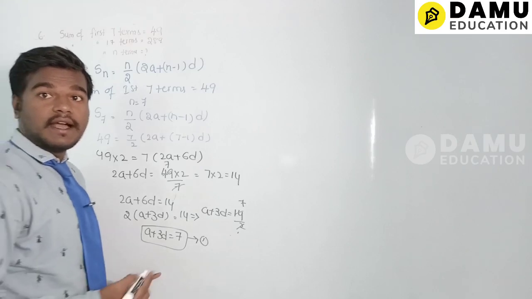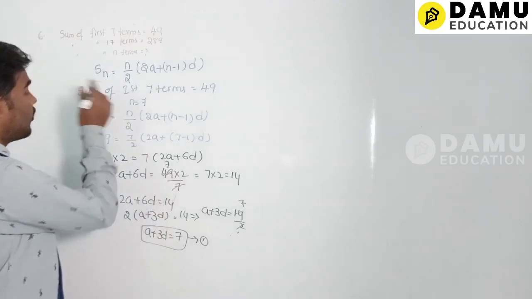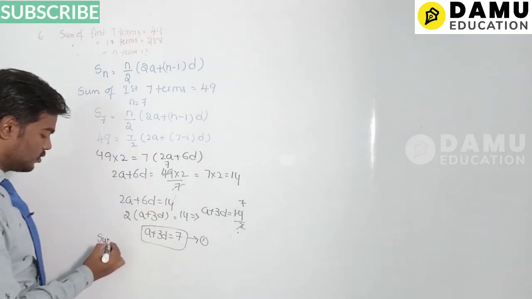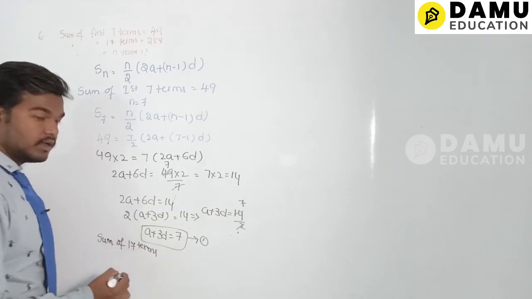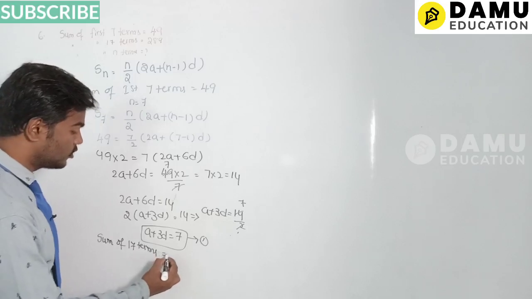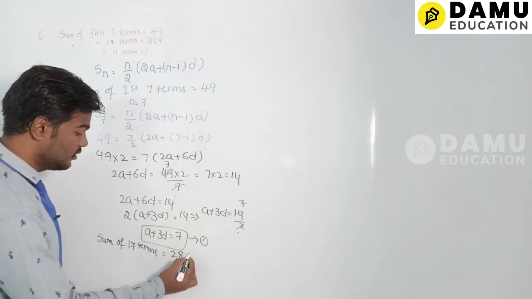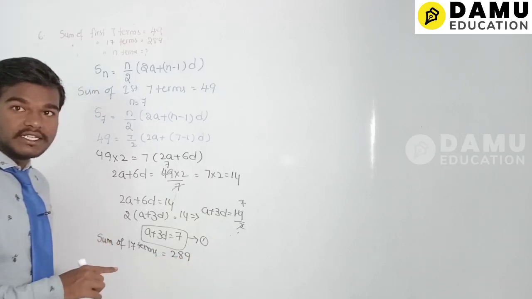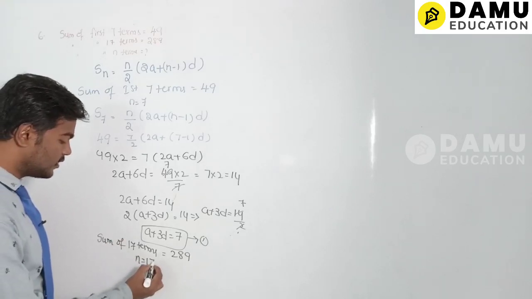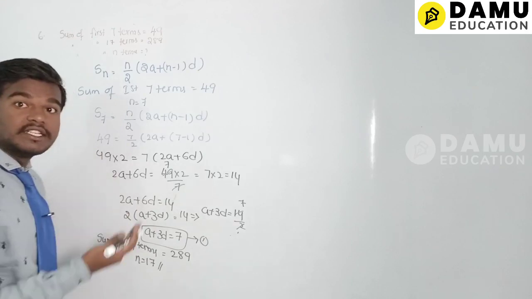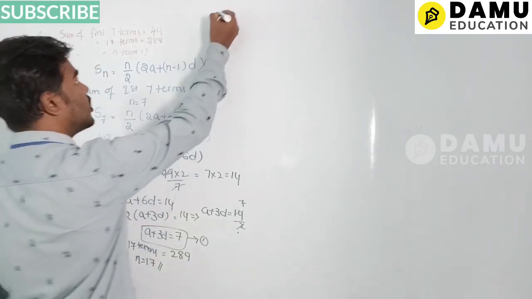Then they are given again the sum of the first 17 terms, which is 289. So n will be equal to 17. Let's continue our solution.